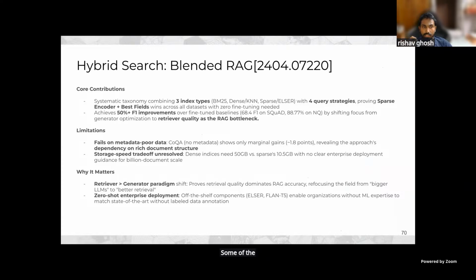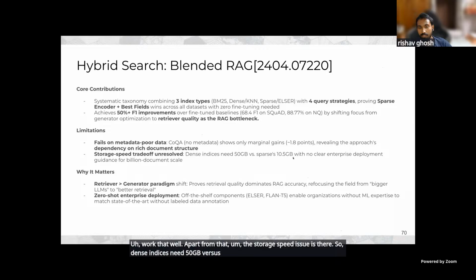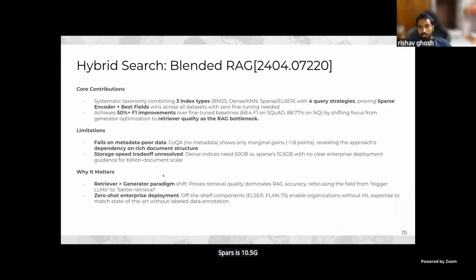Some of the limitations are that it is extremely structure heavy, so it needs a lot of metadata to work well. If there is no good metadata, it really doesn't work that well. Apart from that, the storage speed issue is there. So dense indices need 50 GB versus sparse is 10.5 GB with no clear enterprise deployment guidance.